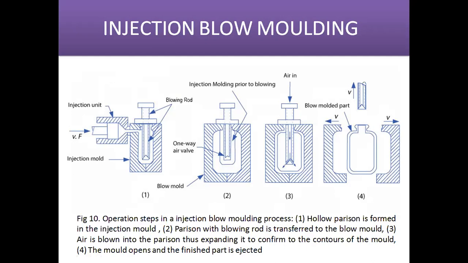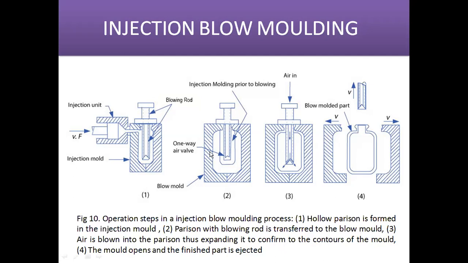So in the injection molding process, as we know, we provide the plastic melt into the mold cavity. Suppose this is the mold cavity and this is the screw. With the help of the screw, the plastic melt will be forced into the mold cavity, and when it gets into the mold cavity, it takes the shape of the hollow parison.